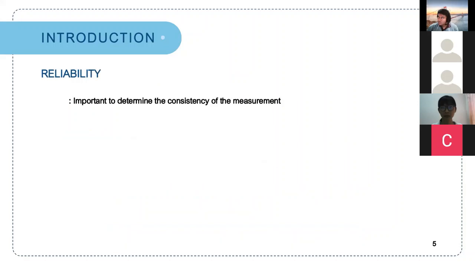Reliability is important to determine the consistency of the measurement. Intra-rater reliability is the consistency of the test result when measured by the same examiner across time, and inter-rater reliability is the consistency of the test result when measured by different examiners.